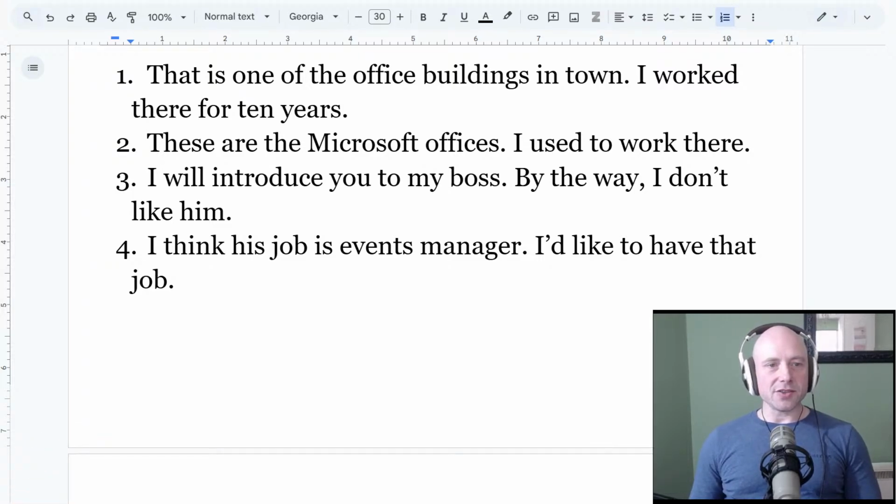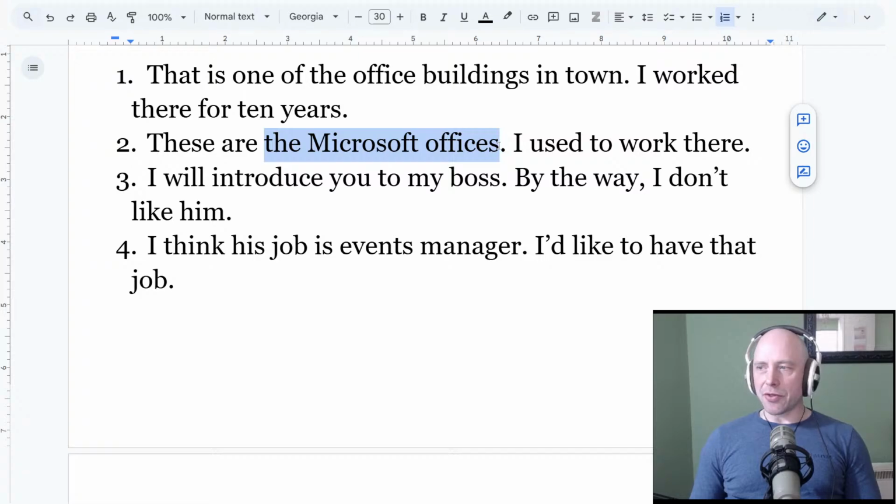Okay, situation 2. These are the Microsoft offices. I used to work there. There's quite a few people using a defining relative clause here. We do not want to use a defining relative clause here.